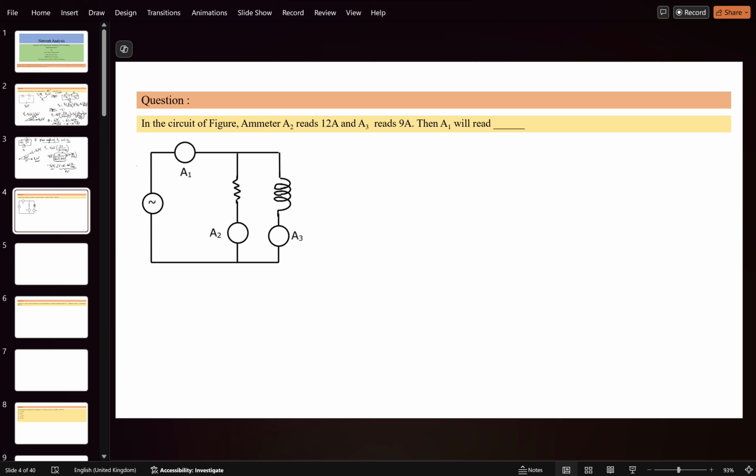If you feel you are not able to solve it or you need any hint, just let me know by opening your mic or writing in the chat box.